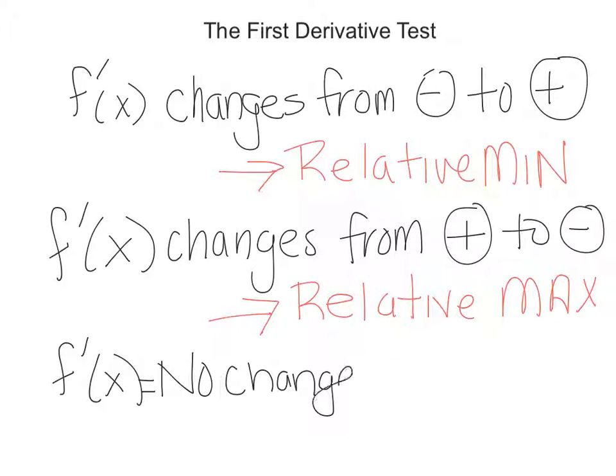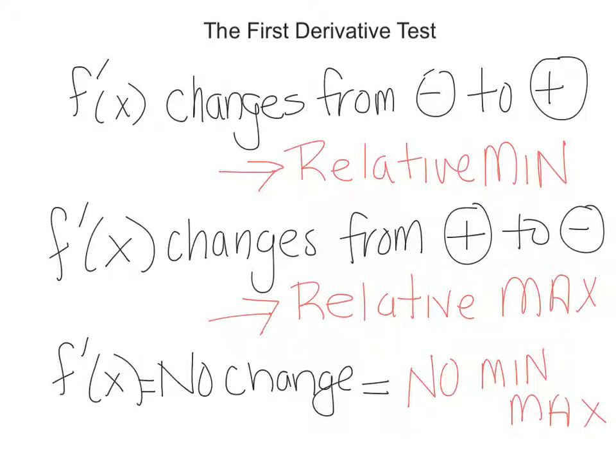It means there is no min or max. And that is a possibility, though we probably are not going to actually see that too much.